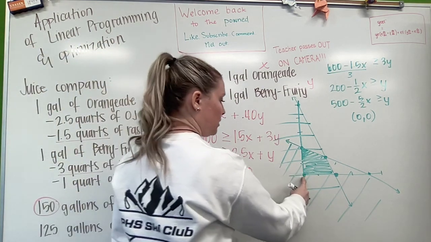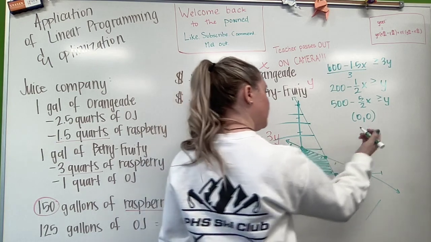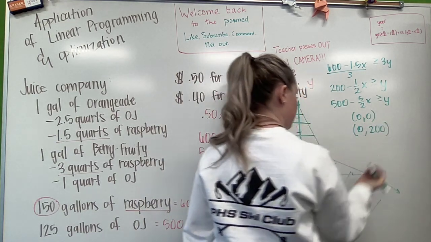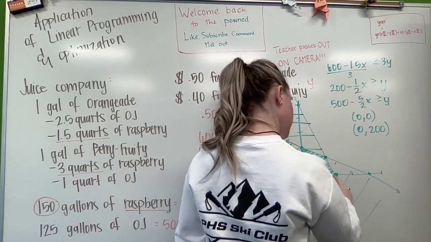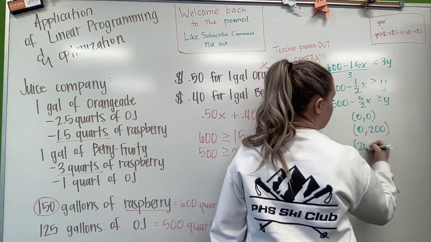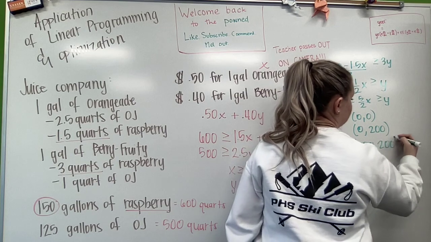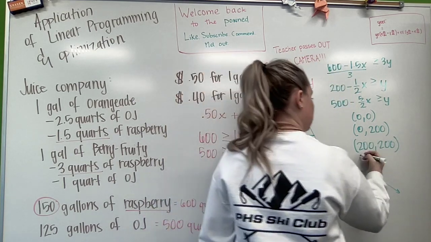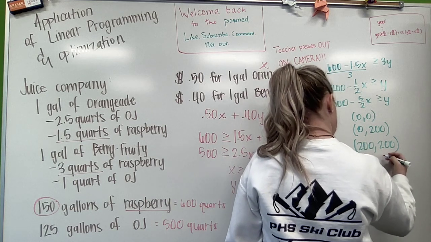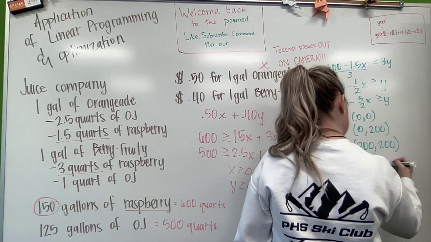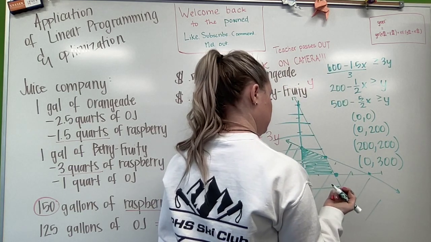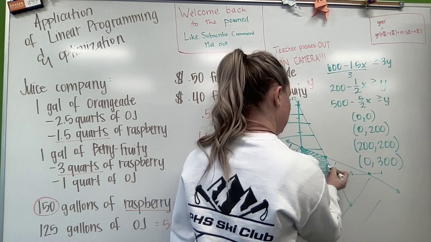Okay, here we have 1, 2. So I'm going to sell 0, 200. Then I'm going to sell 1, 2, 1, 2, 200 and 200. And then this guy is 0, 300. No, this one seems like a different number.